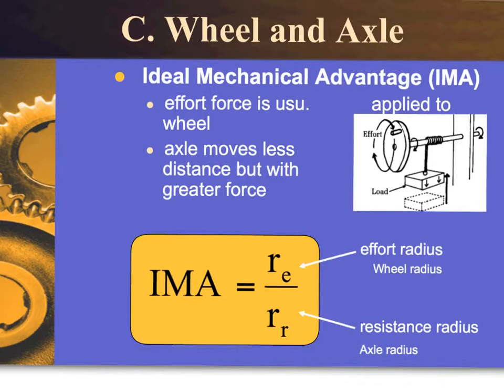Now, the effort force is usually applied to the wheel where the axle moves less distance but with a greater force. The formula for the ideal mechanical advantage for a wheel and axle is the effort radius, which is the wheel's radius, divided by the resistant radius, which is the axle's radius.